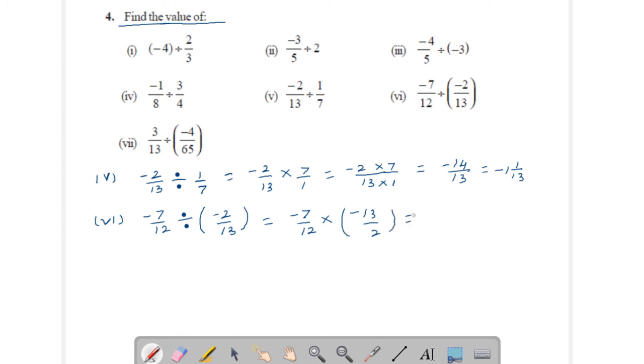Here multiply numerator by numerator. That is minus 7 into minus 13 upon 12 into 2. You will get 91 upon 24. And in mixed fraction, you can write it as 3 19 upon 24.